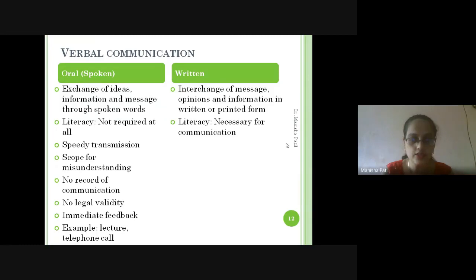Second, literacy is necessary for communication. See, compare and contrast between oral and written. For oral, literacy is not required. For written, literacy is necessary. Next, slow transmission. Next, no scope for misunderstanding.